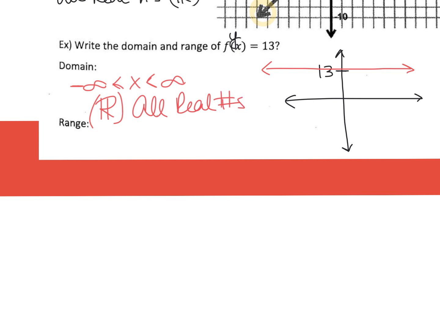Now, the range is a little different because every dot on this line, if I made a table, 1, 2, 3, 4, and so on, every y value is going to be 13. So the range, because all of my y's are 13, is y equals 13.